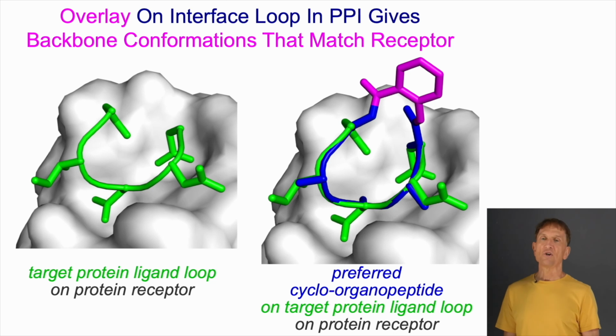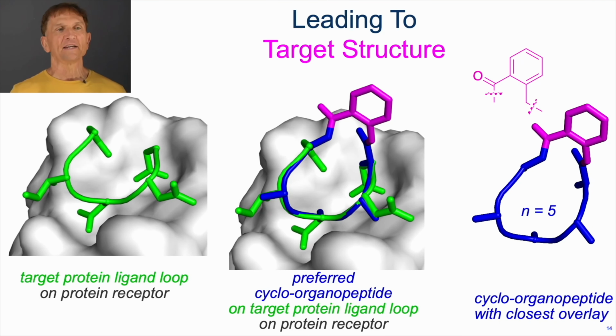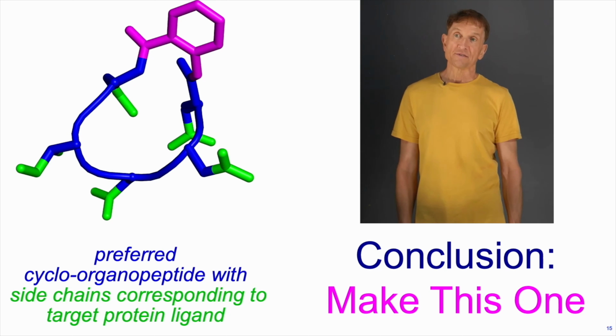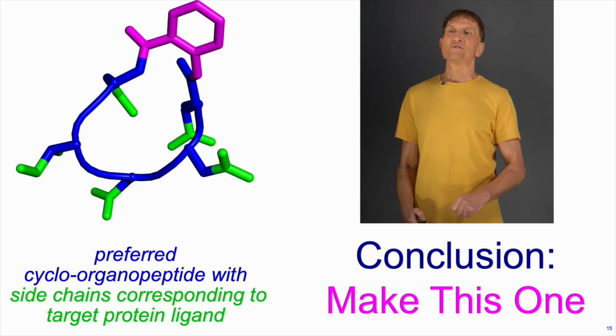And in this slide, I've shown it to be 5 amino acids with that particular organic fragment. We don't make that one. We look at how those 5 amino acids overlay on the protein loop in the crystal structure of the protein-protein interaction. We must have structural information, and that will tell us, make, say, serine, threonine, valine, isoleucine, it looks like, in those particular positions.